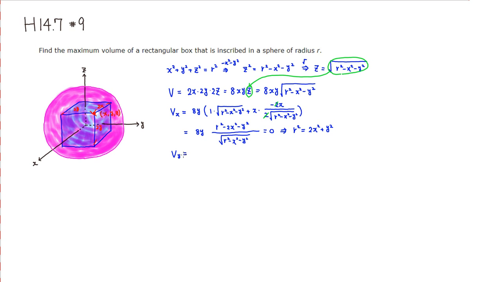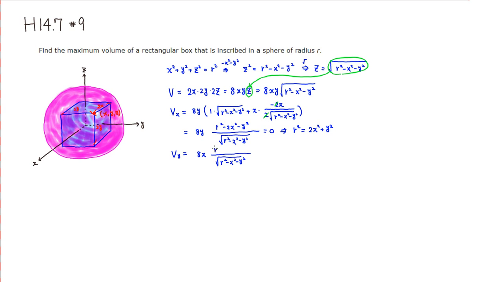y. But you notice that this equation right here is symmetric in x and y. So if you take the partial with respect to y, it's going to be exactly the same, except that the x and y's are switched. So you're going to have 8x, and then the square root of r squared minus x squared minus y squared.